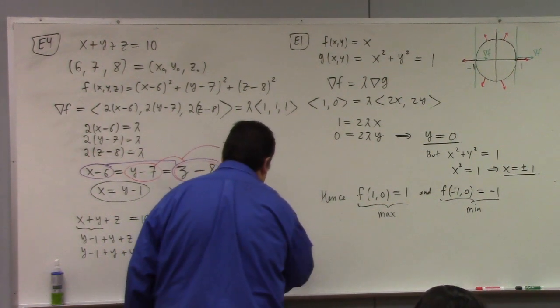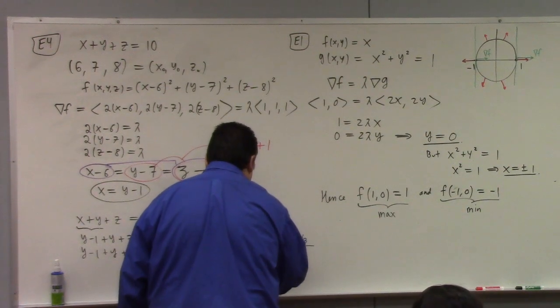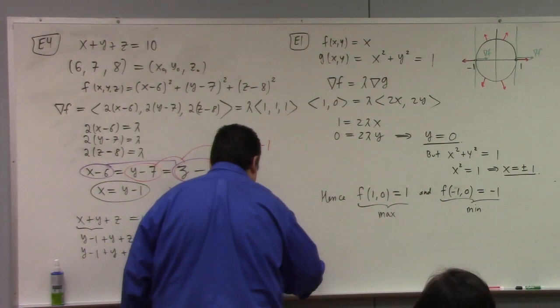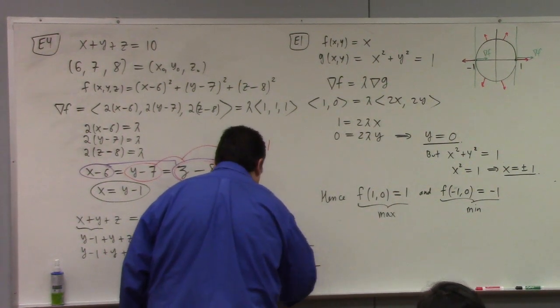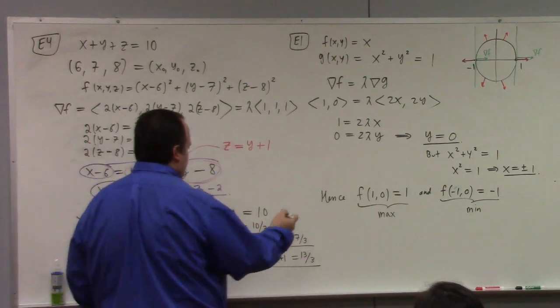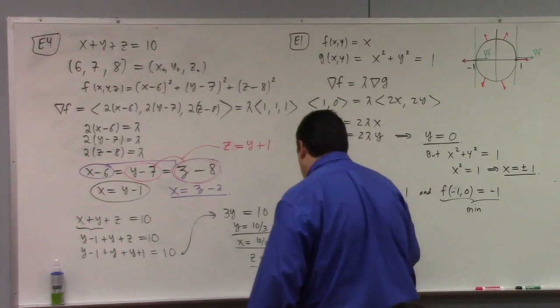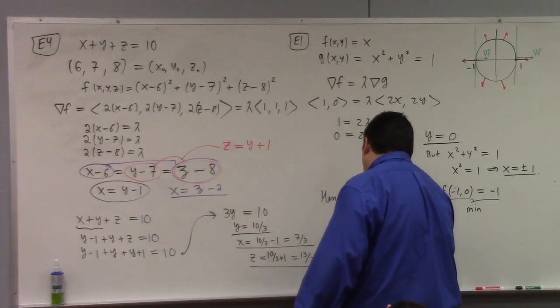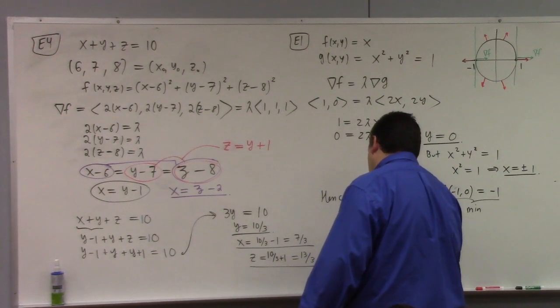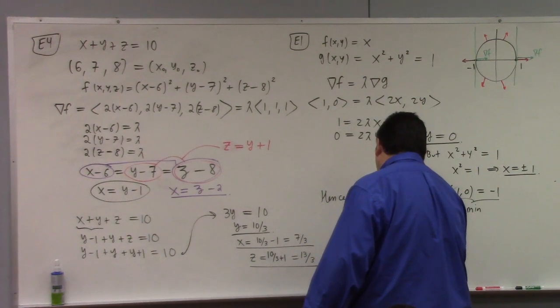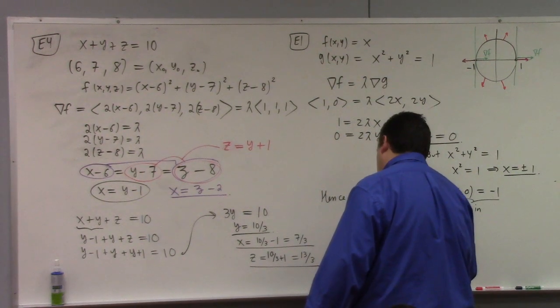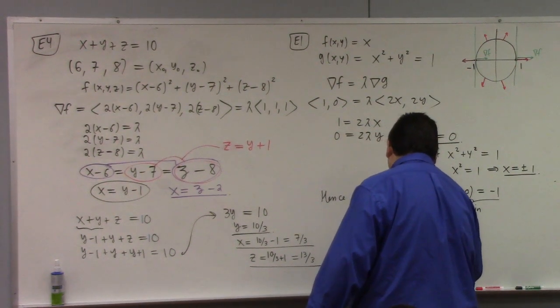Wait a minute, no, y, 10 thirds plus 1. I can't do math. 10 thirds plus 1, which, as you have pointed out, is 13 thirds. Okay, so long story short, closest point is apparently 7 thirds, 10 thirds, and 13 thirds.